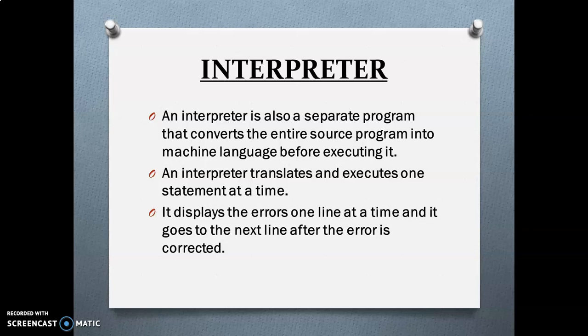But if there is any error, any mistake, then what will the interpreter do? Interpreter will prompt you a message that there is an error in this line. You have to detect that error, you have to correct that error, and then the interpreter will move to the next line once the error is corrected.